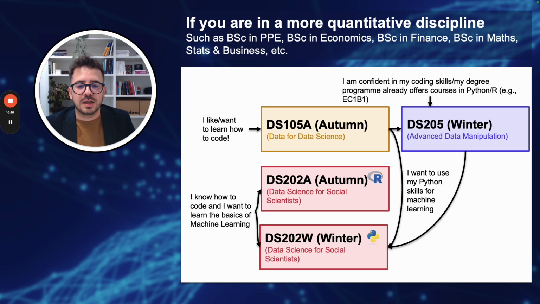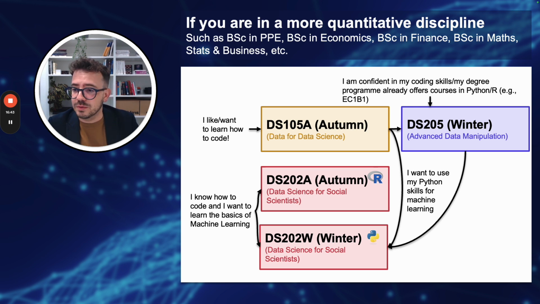So you can start from the coding route of DS105A and then take DS205 in the winter. Or if you want to learn more about, okay, I've learned about regression and some other statistical tools, but how does that relate to machine learning, and how can I code it more and do applied projects? Then you can take DS202A or DS202W, whatever you prefer.